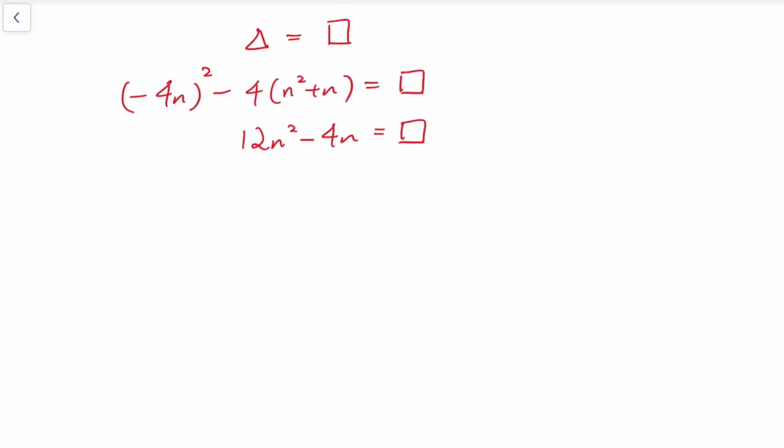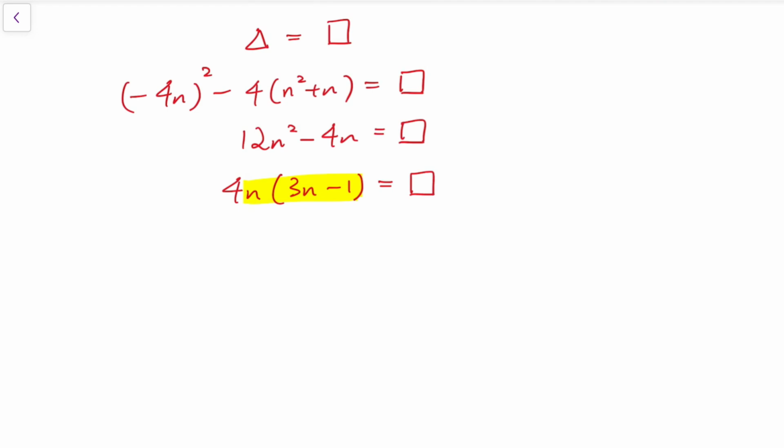However, I can factorize the expression on the left, which gives 4n times (3n minus 1). That's a perfect square. So in particular, we need n times (3n minus 1) to be a perfect square, because we know 4 is a perfect square already.